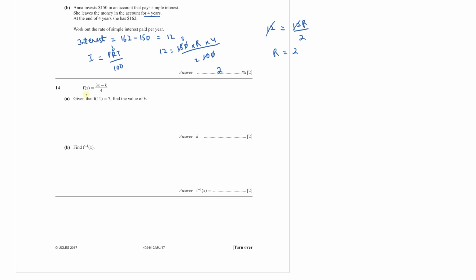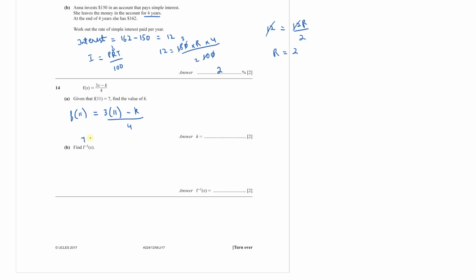Question number 14 is f of x is given by 3x minus k over 4. Given that f of 11 is equals to 7, find the value of k. So to find f of 11, I simply substitute x with 11. So f of 11 would be 3 times 11 minus k over 4, and you know the value is 7.